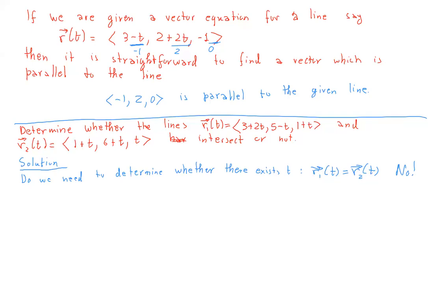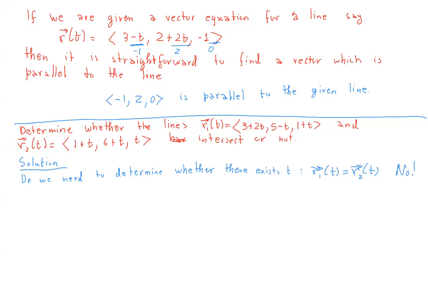So at time t, the first line is at the point pointed to by the position vector r1 of t. And at time t, the second line is at the point pointed by the position vector r2 of t.